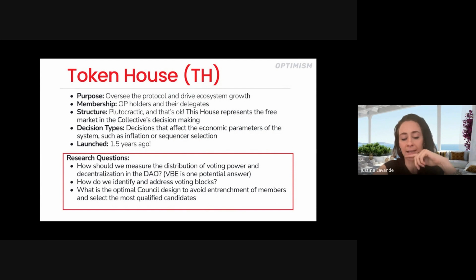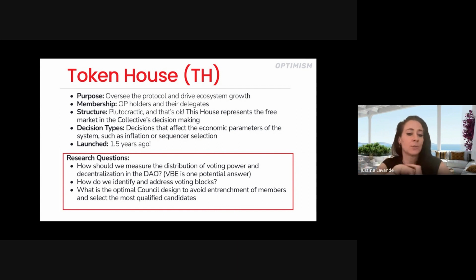It's plutocratic, and that's okay because it's designed with that in mind. The token house represents the free market in the collective's decision making, and they make decisions that affect economic parameters of the system, like what the inflation is set to or sequencer selection. The token house has been around for around 2 years.